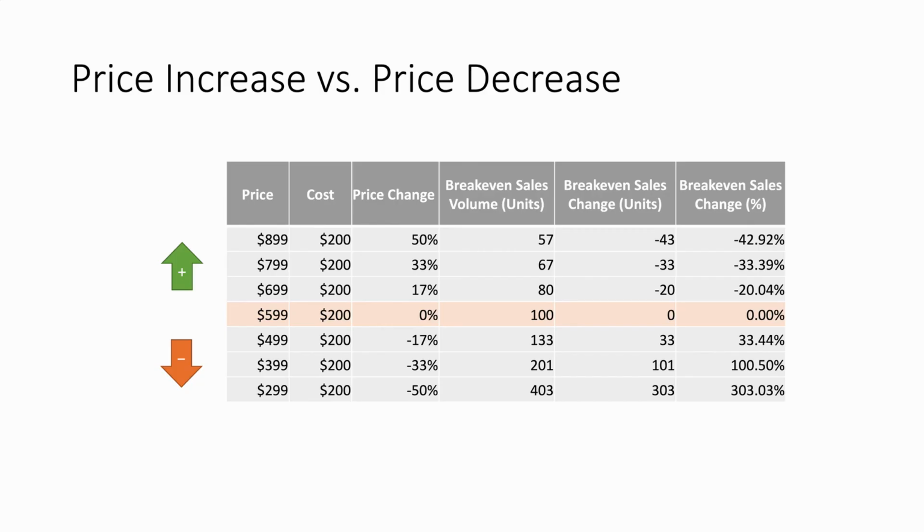In this table, the bar in the middle is the baseline scenario where the price is $5.99 before the price change. And above this bar are the price increases, $6.99, $7.99, $8.99. Below this bar are the price decreases, $4.99, $3.99, and $2.99.